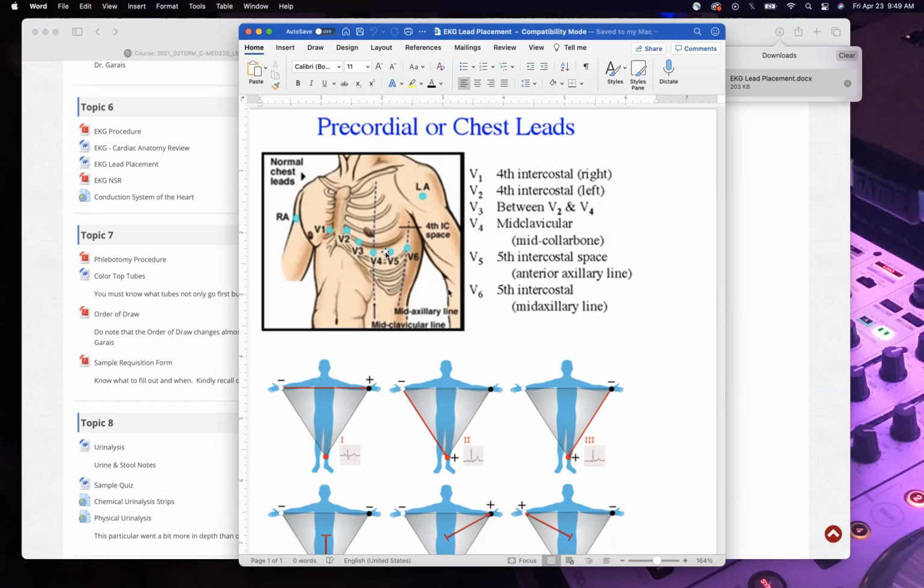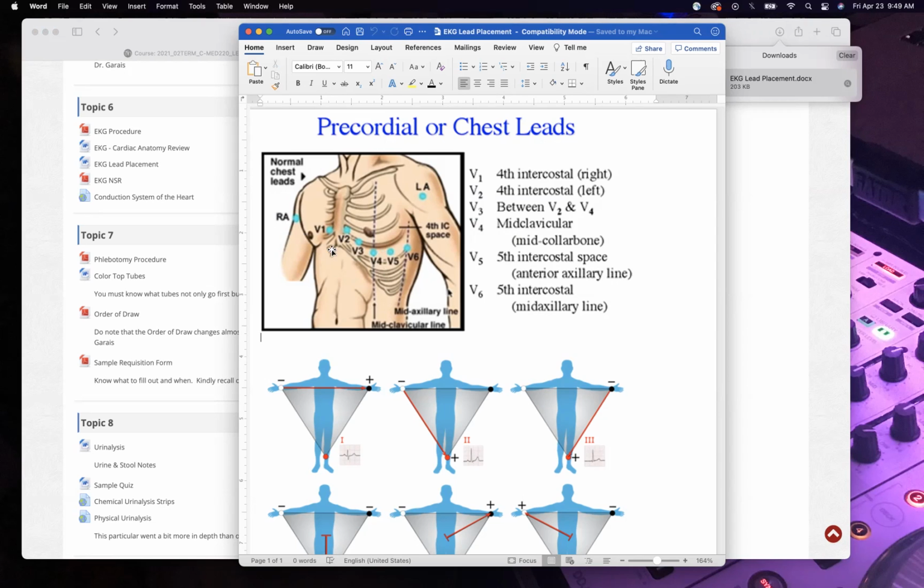And that's what they call your PMI, or point of maximal impulse. Everyone right now, take your hand and put your hand on your chest. Okay? Now, there's going to be a point where you can feel where your heartbeat is the strongest. And odds are it'll be around this area right here.